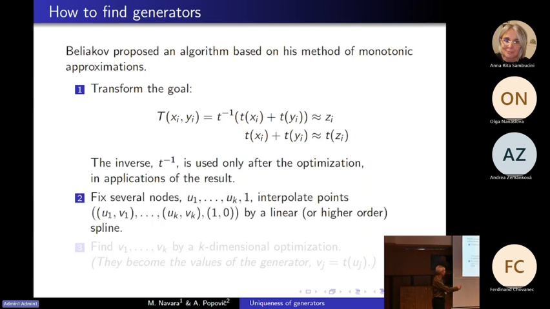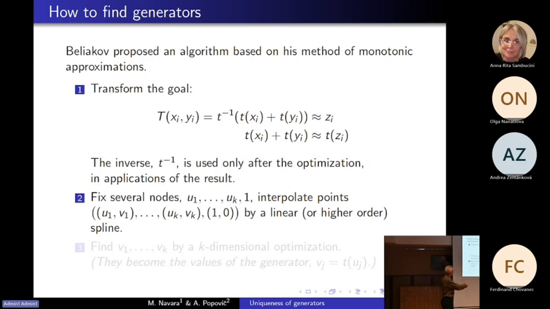Then choose several nodes independently of where the data were given. Simply split the whole domain to some segments by choosing nodes not related to the data, just used for the approximation.